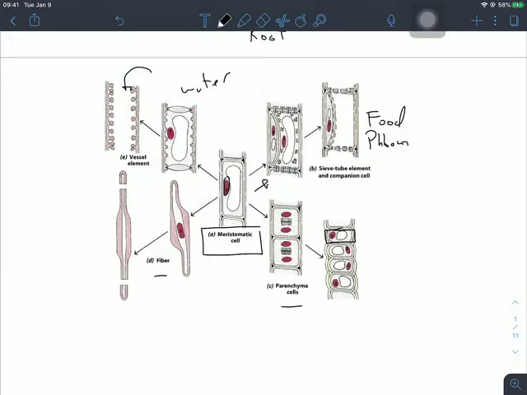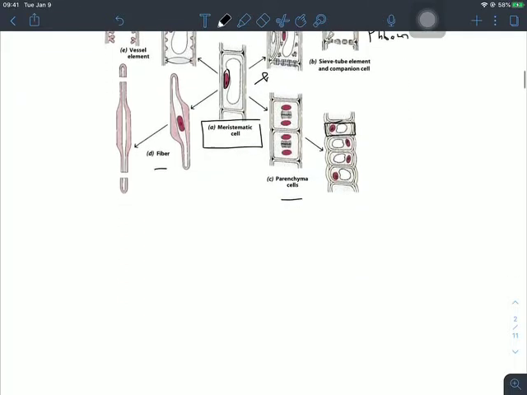And so we need to go over the possible fates. What are the forks in the road that an apical meristem can take? Well, first and foremost, the apical meristem can differentiate into a tissue called the protoderm.